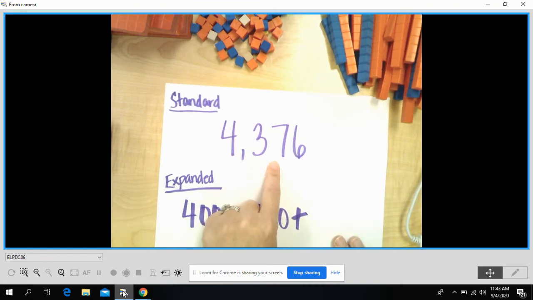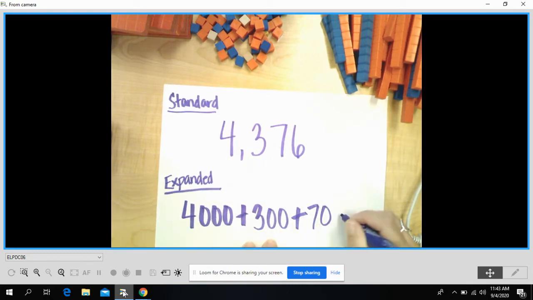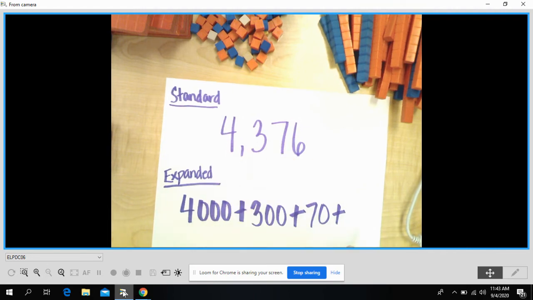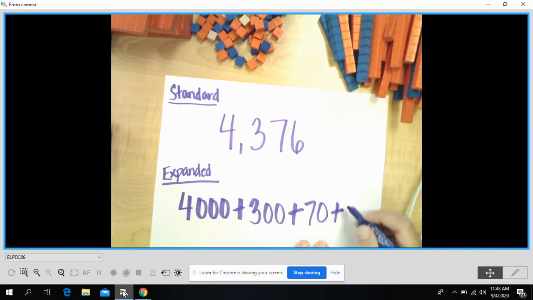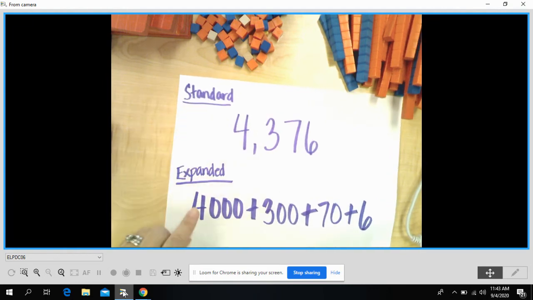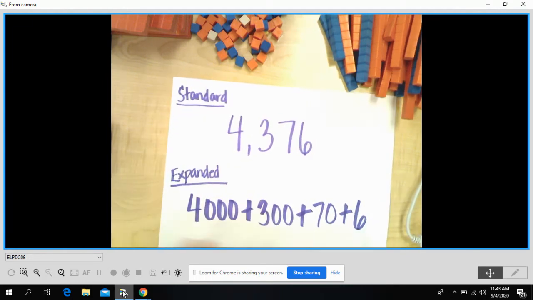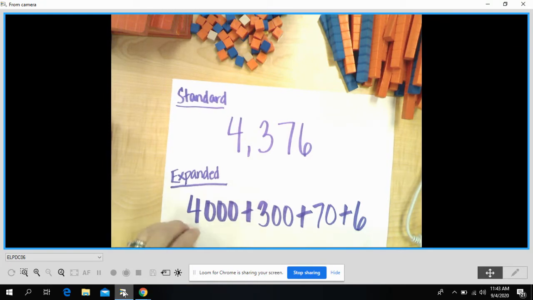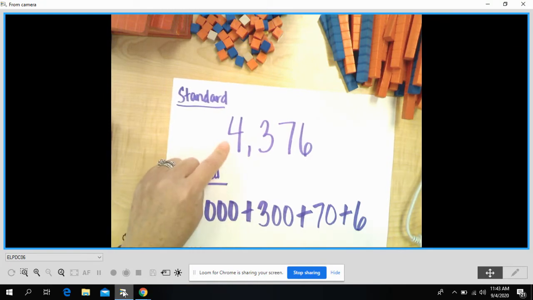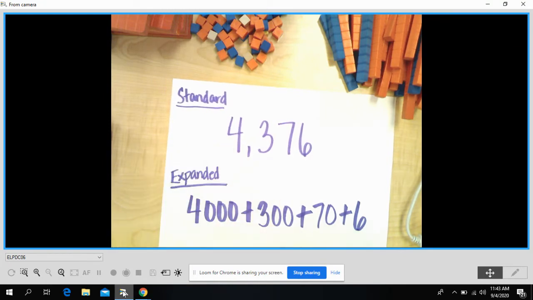I've got 7 tens, and the value of 7 tens is 70. Good. And then I have 6 ones, and the value of the 6 ones is 6. So standard form to expanded form, the number keeps its same value, this is just a breakdown letting you know what each digit is worth.